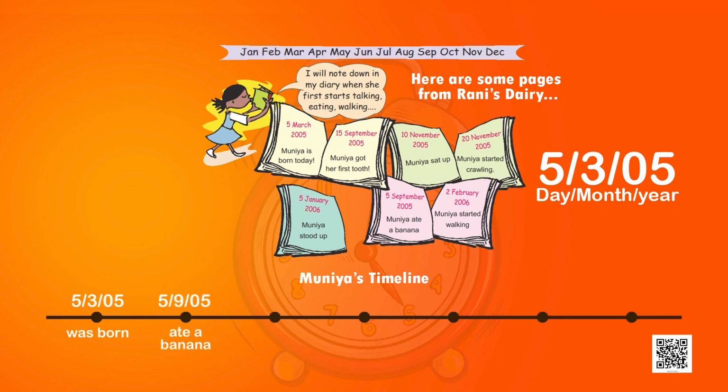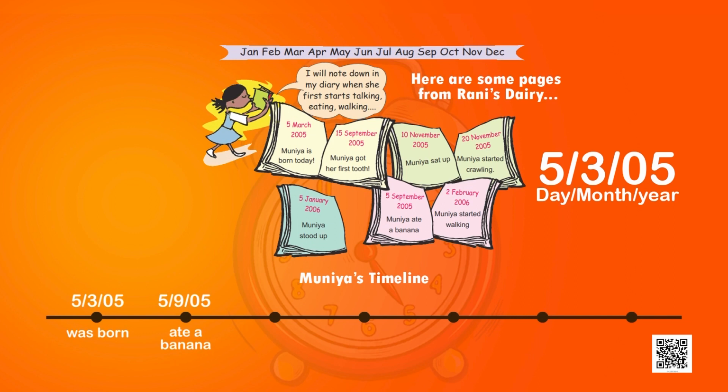Next is 5th September 2005. Yes, the pages are jumbled up. We need to go in the correct order. So, the next entry should be 5th September 2005.